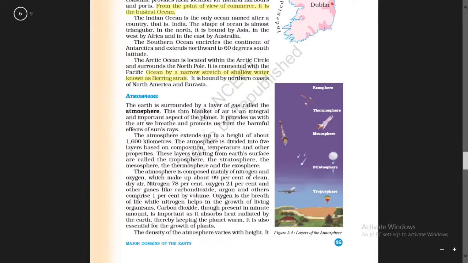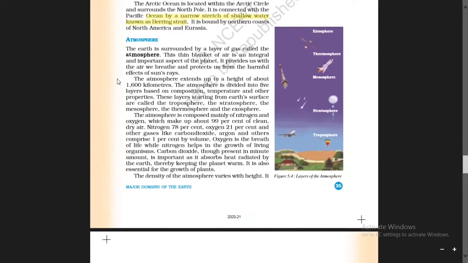You see, our Earth is surrounded by a layer of gas which is known as the atmosphere. This thin blanket of air which surrounds the earth is an integral and important aspect of the planet.